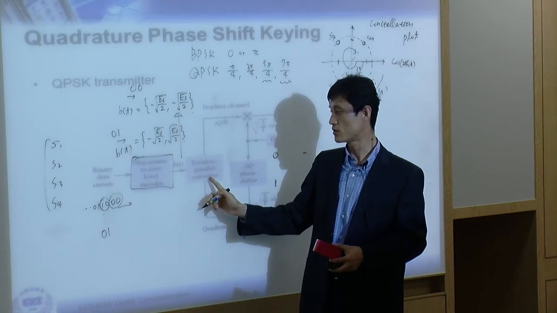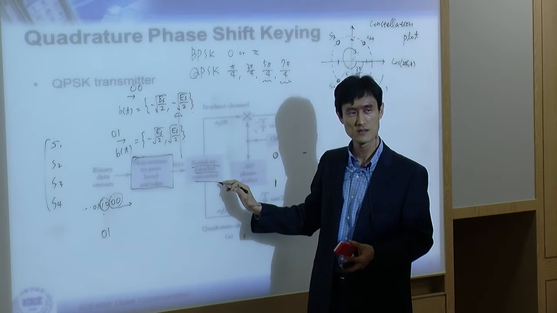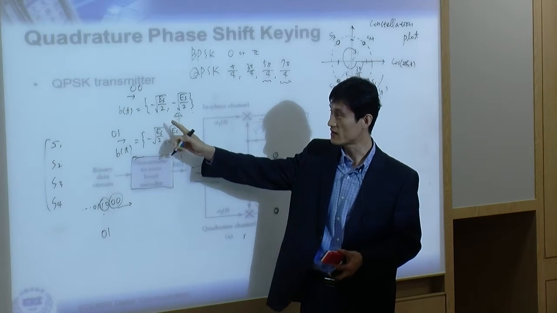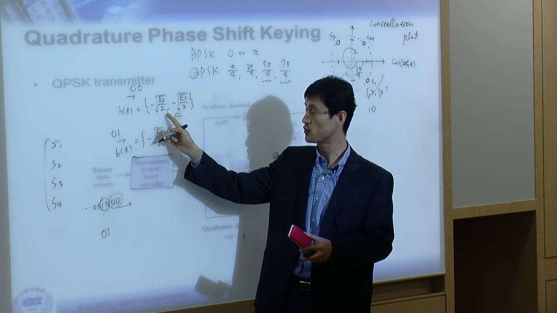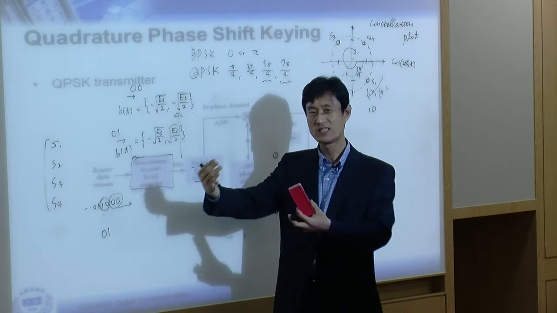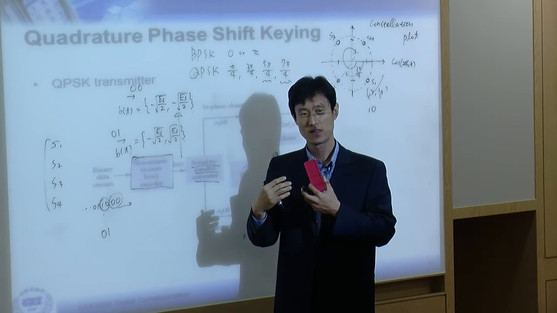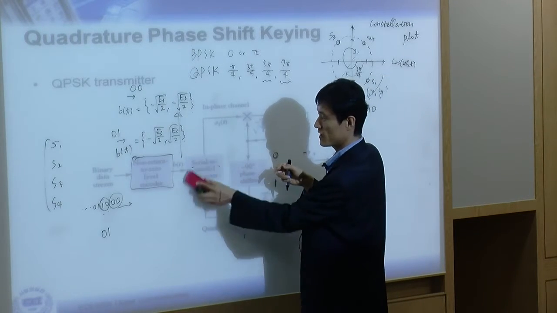Now, what's the next thing to do? Serial to parallel converter. What does that mean? Let's think about the example of 0, 0 input. We're going to get this as BT, so we have two values in serial. Now you are making it parallel.